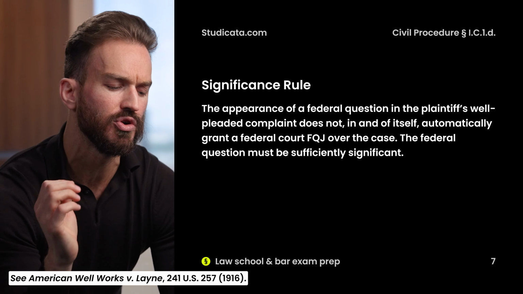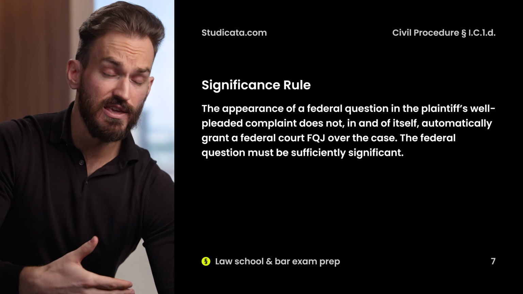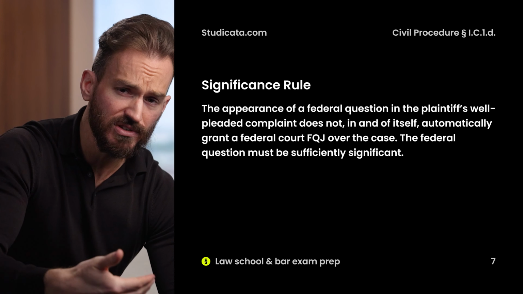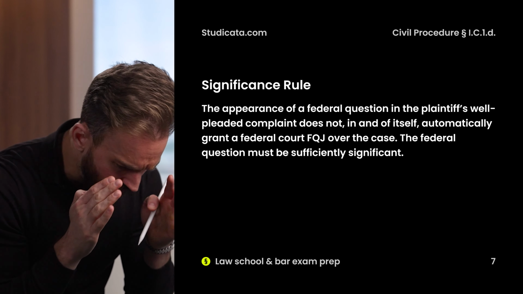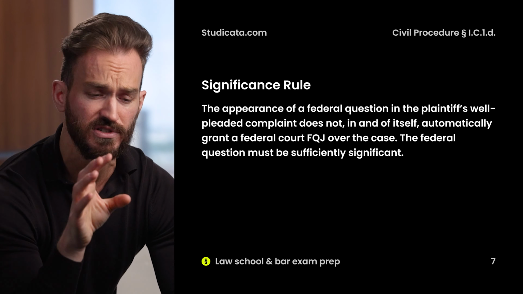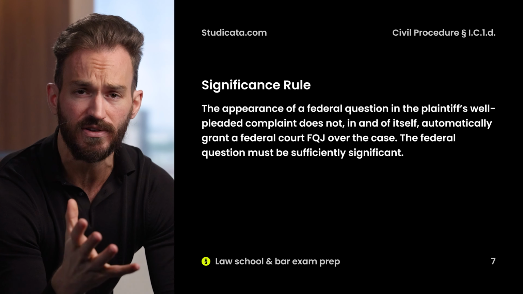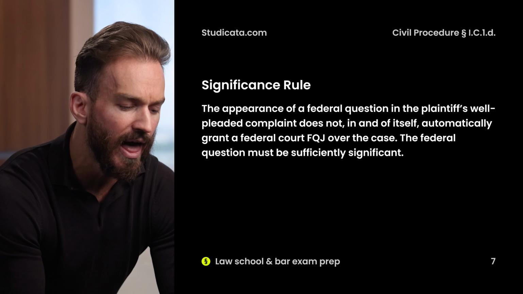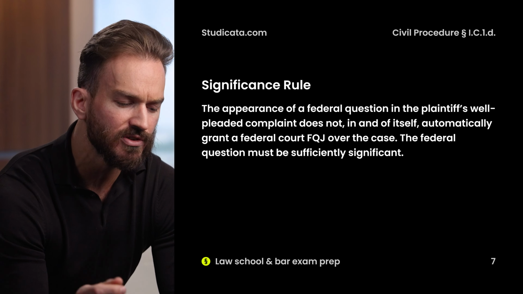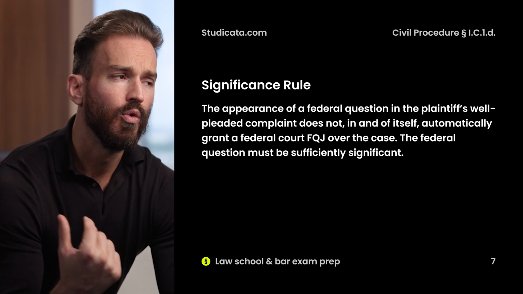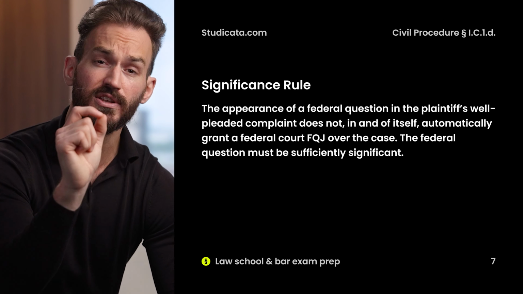So our next question here is going to be, once we establish that the plaintiff has, on the face of his complaint, pled a federal question, we put the blinders on, we're looking at the plaintiff's complaint, we're looking in the corners, and we see, yes, the plaintiff, on the face of his complaint, has alleged some sort of federal question. Our next issue is going to be, well, is that federal question presented on the face of this complaint sufficient?